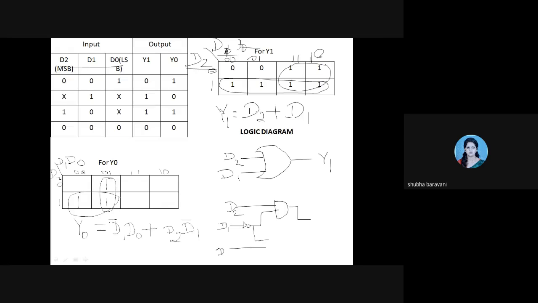This is my D0 and one more AND gate. And this goes to a OR gate. See, this is my Y0. Is this fine? The logic diagram? Check the logic diagram.